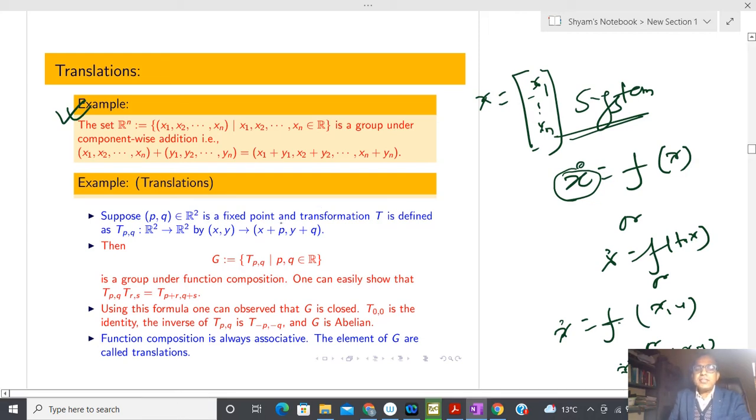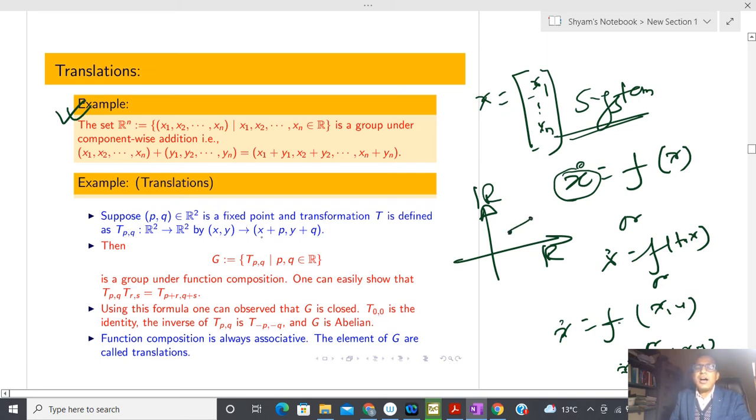I have taken a very simple situation. Suppose P and Q in the two-dimensional plane. Whenever I write R2, it means that x belongs to the real numbers and y also belongs to the real numbers. And the fixed point and the transformation T is defined like this. What I am doing is translating, which means I am moving from one point to another point.